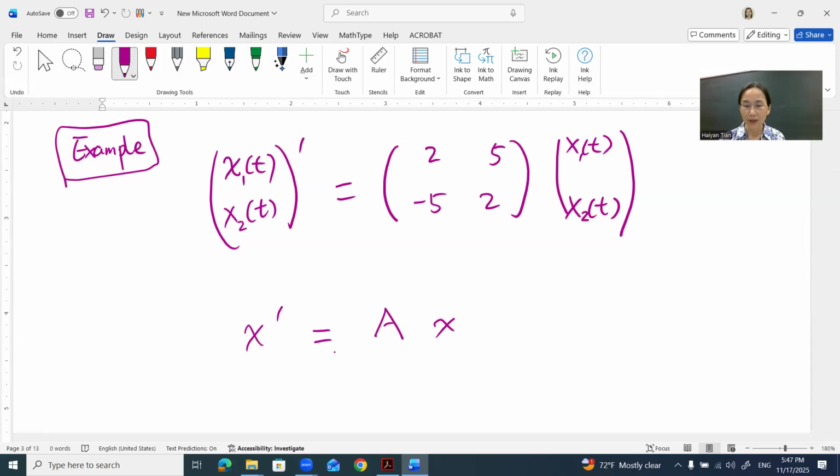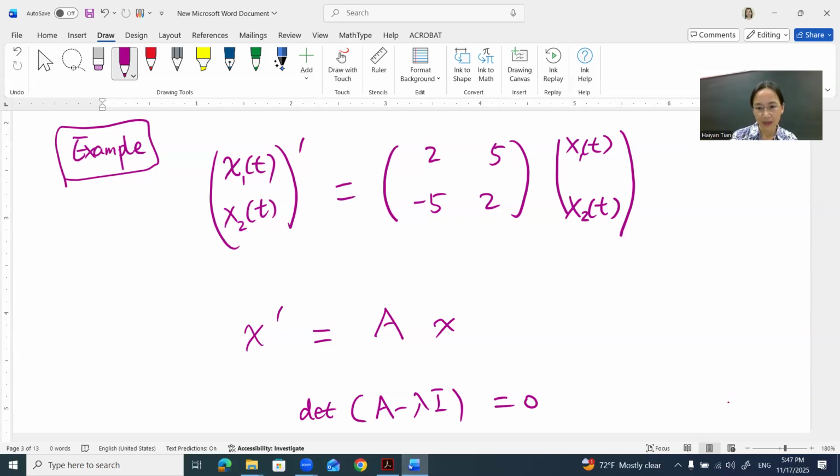But if you try to determine its eigenvalues by solving the characteristic polynomial equation, we discover that we have complex eigenvalues.